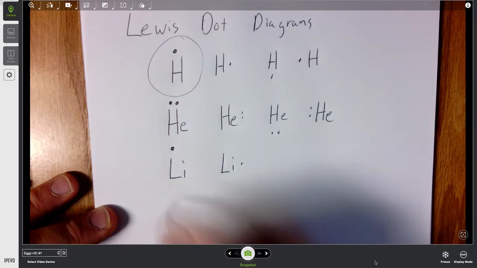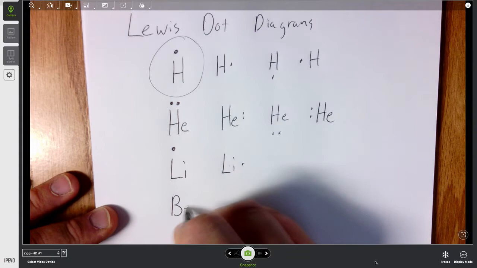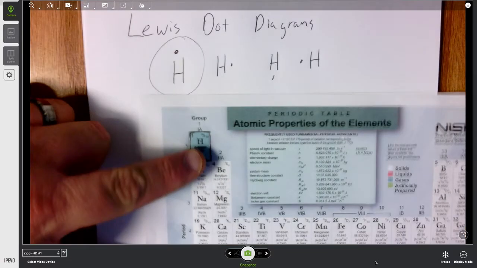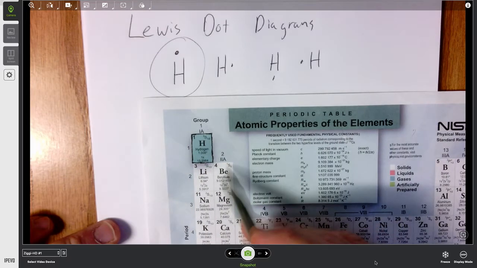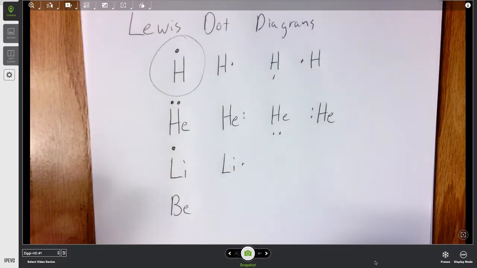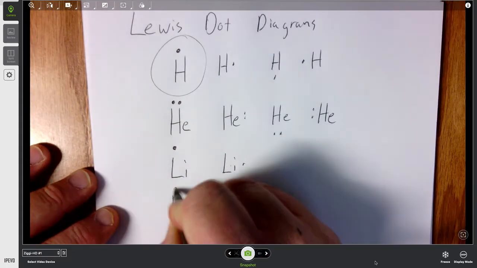When we go to beryllium, beryllium's row 2, column 2, group 2, whatever you want to call it here. How many valence electrons does it have? 2, right? So unlike helium, beryllium, we're going to spread them out.